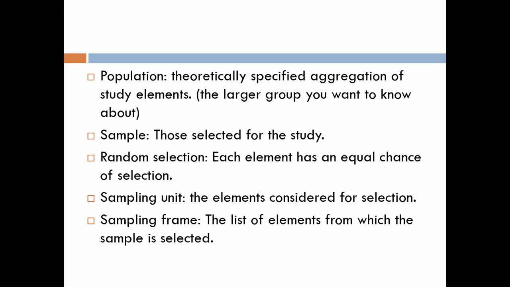The sample are those that we selected for our study. Those will be the 100 that we selected for our study. Random selection again means that every person has an equal chance of being selected. The sampling unit are the people that are considered for selection, and the sampling frame is the list of people that we're going to choose our sample from.